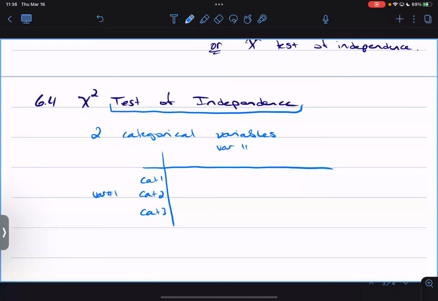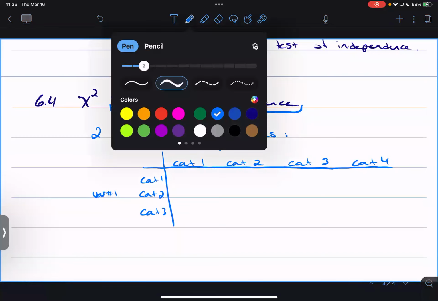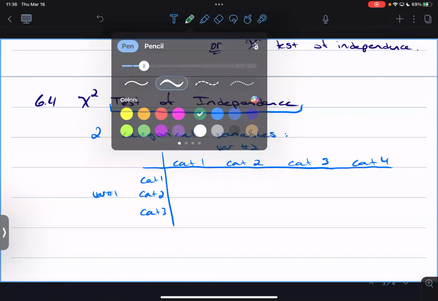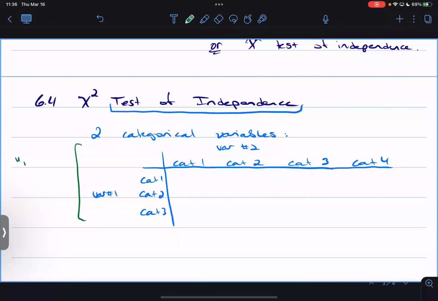And then you have variable number 2 with category 1, category 2, and category 3, and maybe let's make a category 4. Let's get wild. Okay. So 2 categorical variables are usually summarized in this 2-way table, right? This is called a 2-way table, right, because it's got two variables. Okay.